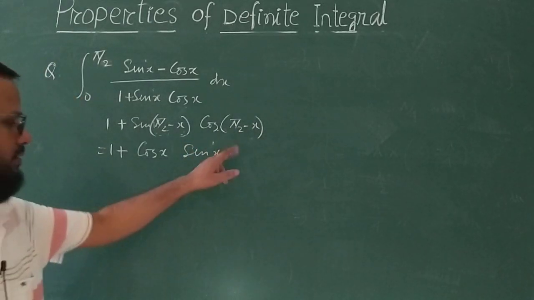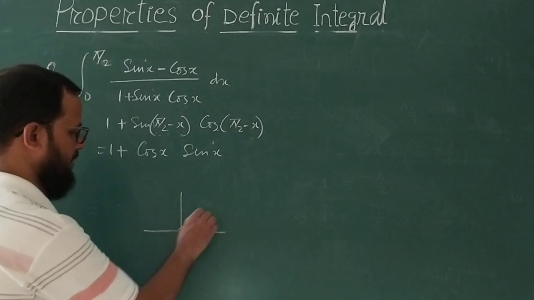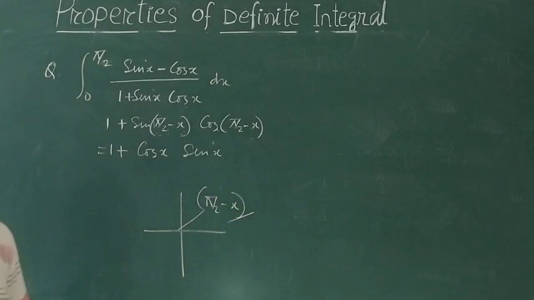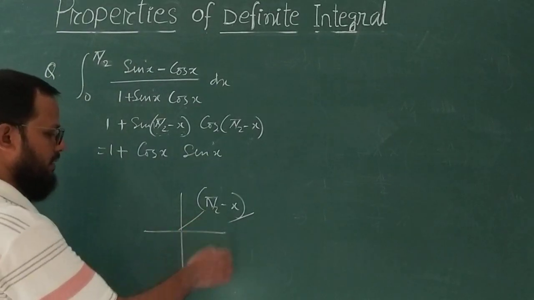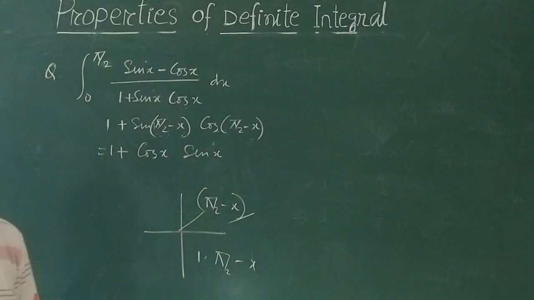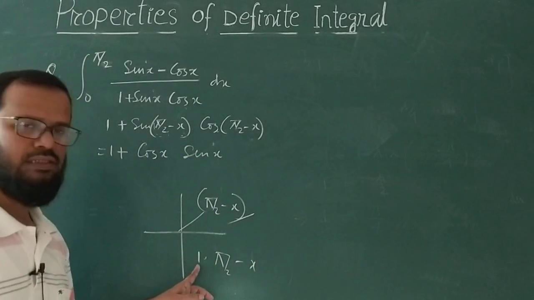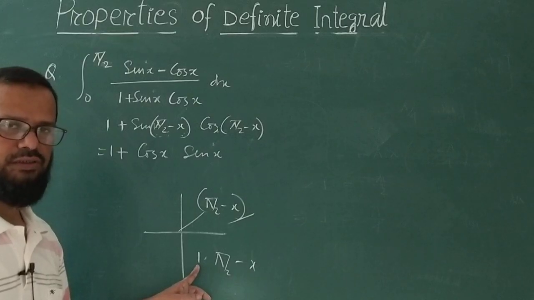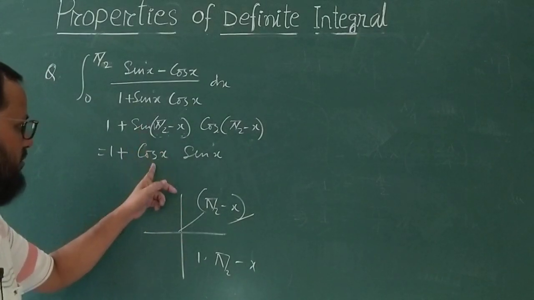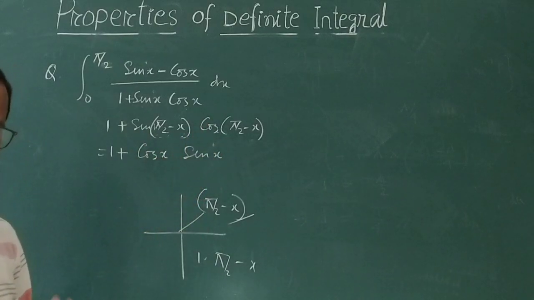Understood? Which quadrant is it in? Pi by 2 minus x lies in the first quadrant, and in the first quadrant all the trigonometric ratios are positive. If the number multiplied with pi by 2 is odd, then there is a change of trigonometric ratios. Sin changes to cos, cos changes to sin. You know it, you got it in first year.